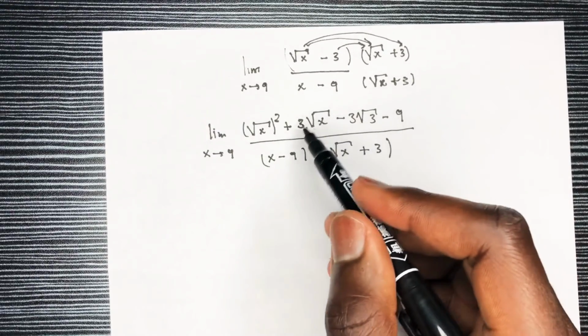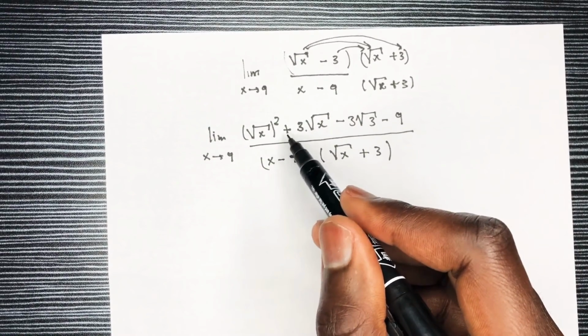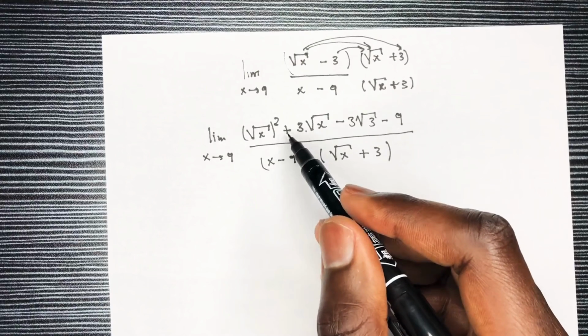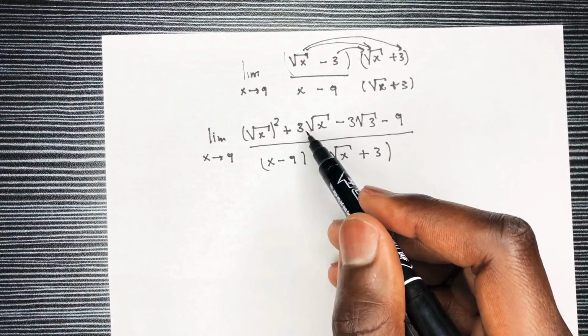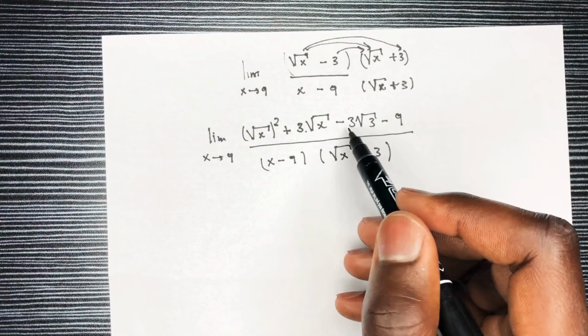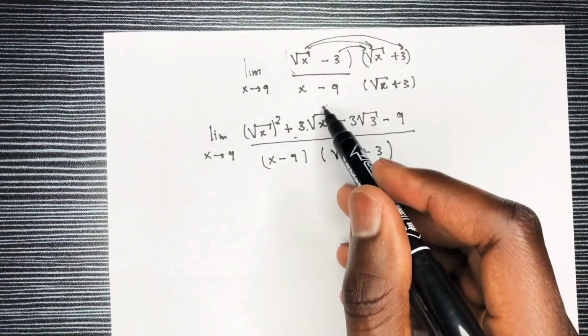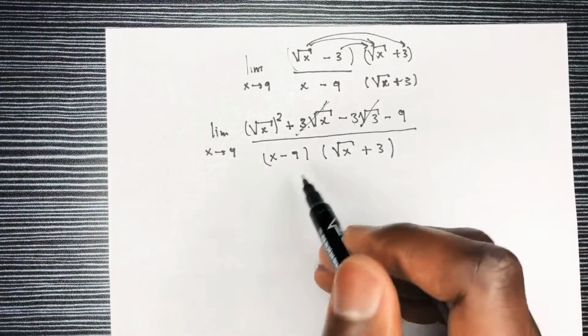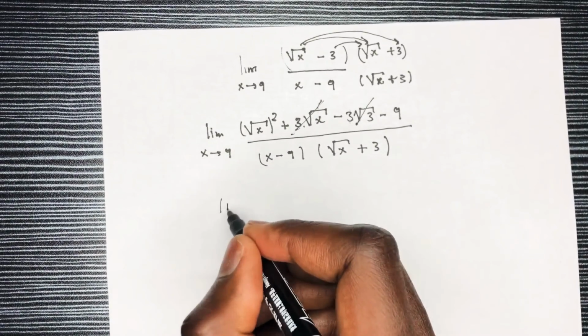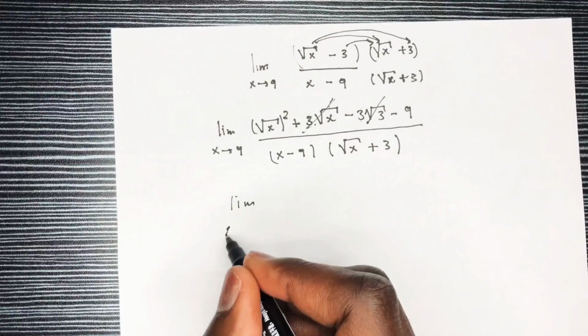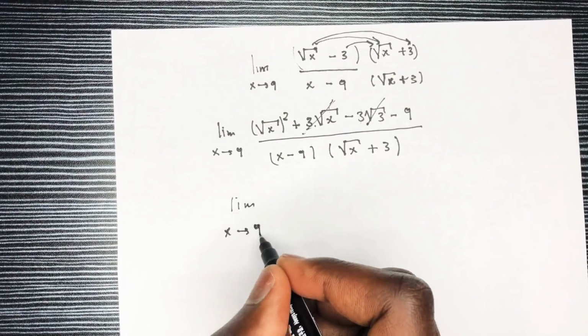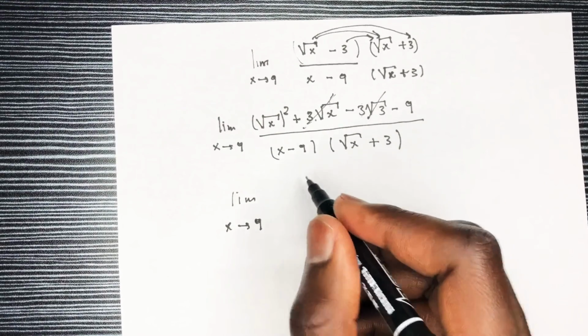We can simplify, for example, the plus 3 root of x and the minus 3 root of x, which cancel out. And it's going to be the limit as x approaches 9.